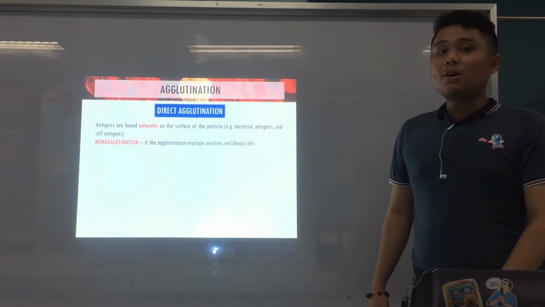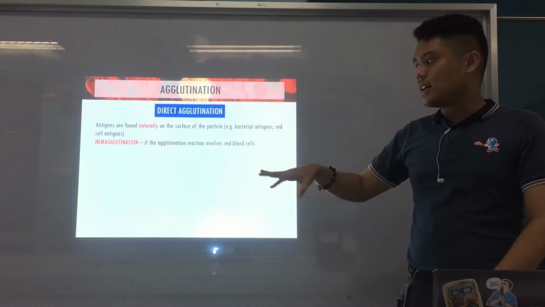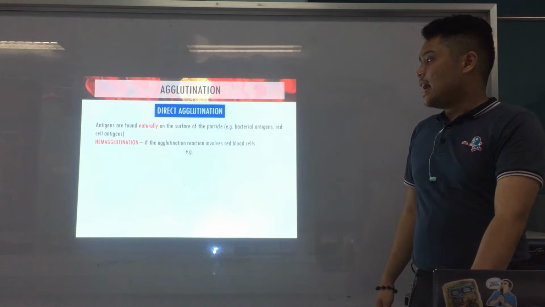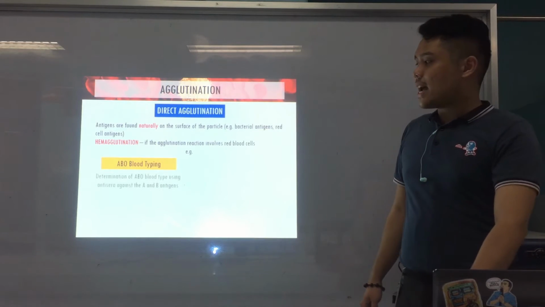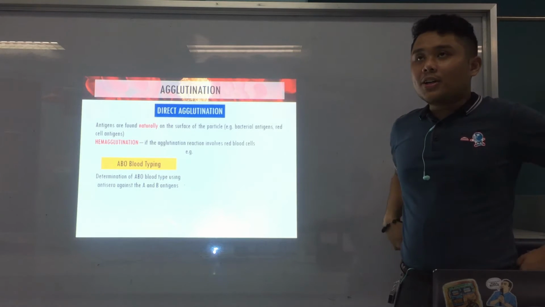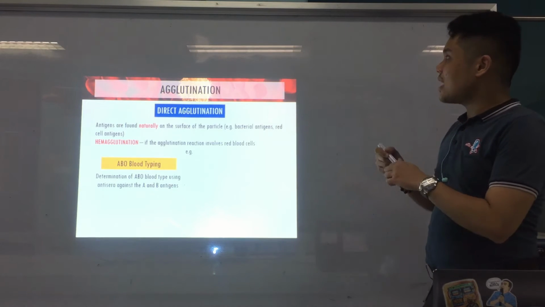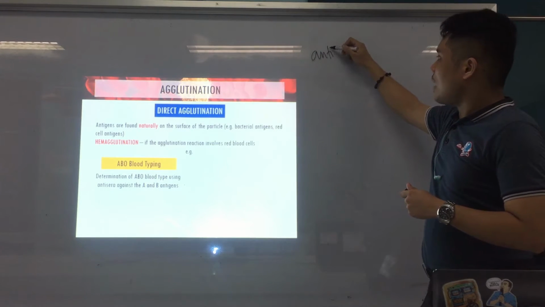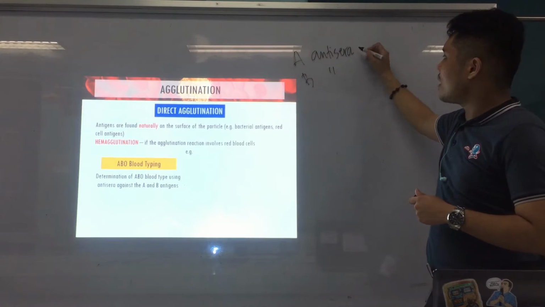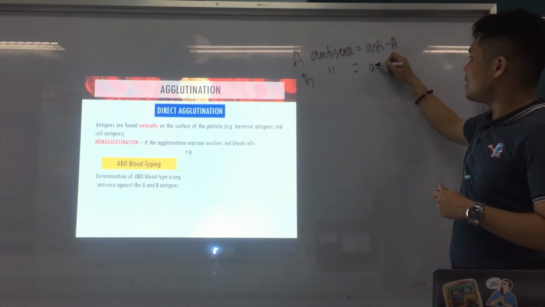And hemagglutination, by the name itself, uses red blood cells. It is agglutination that involves red blood cells. For example, ABO blood typing determines your ABO blood type using the different A and B anti-sera. When you say anti-sera, A anti-sera and B anti-sera, it means it contains anti-A and anti-B.